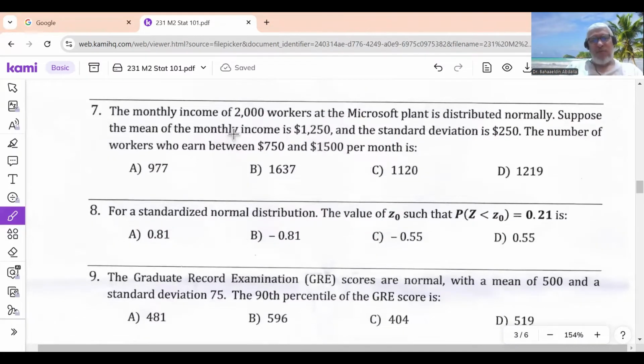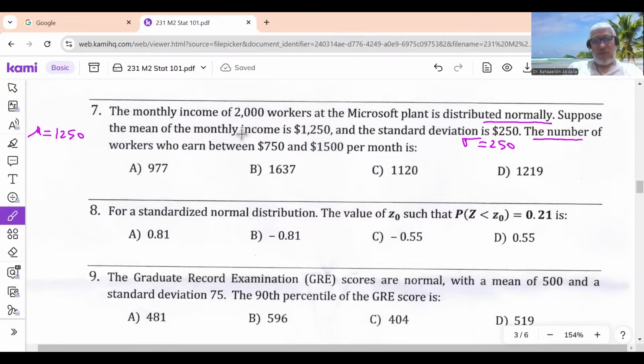The monthly income of 2,000 workers at the Microsoft plant is distributed normally. So we have a normal distribution. And this is the number of workers, 2,000 workers. Suppose the mean of the monthly income, mu, is 1250. The standard deviation, sigma, is 250. The number of workers who earn between 750 and 1,500 per month is, so he needs the number of workers.